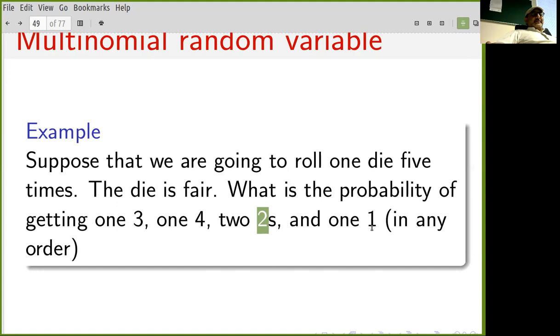For our purposes, we could say it's 5 factorial divided by 1 factorial, 1 factorial, 2 factorial, 1 factorial, times the probability of any particular sequence, 1/6 to the 5.